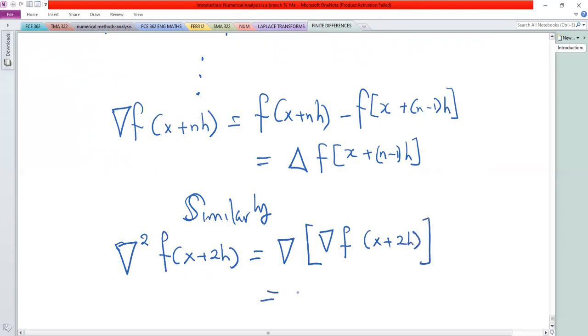Which is the same thing as backward of, by definition of this one, forward of f of x plus h.